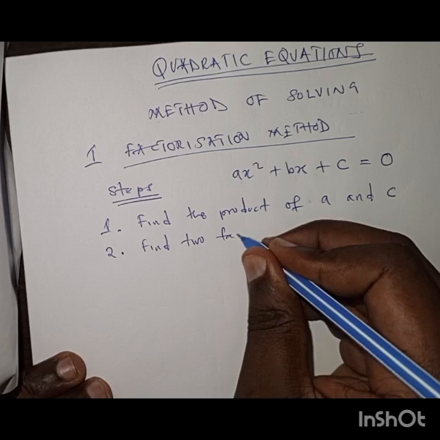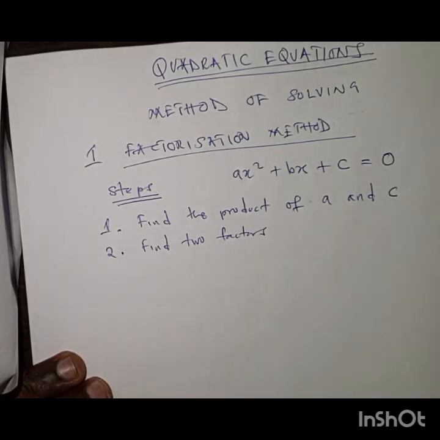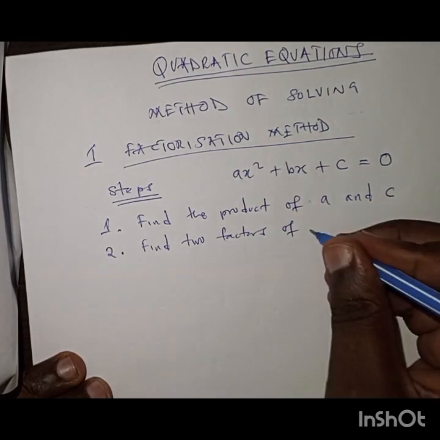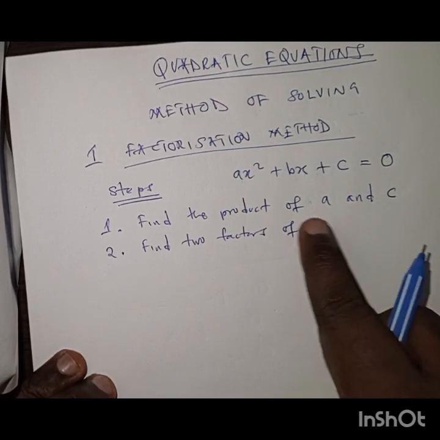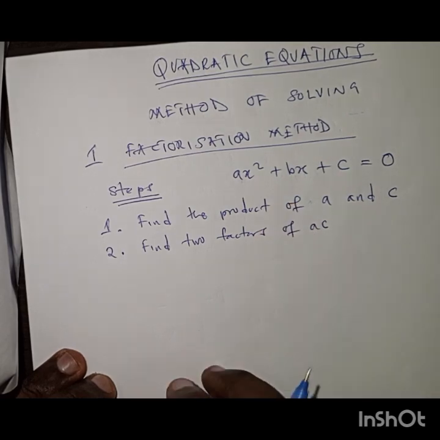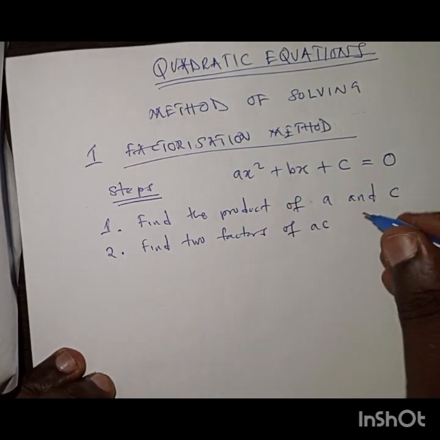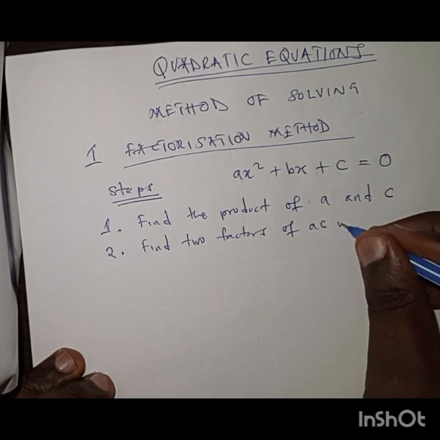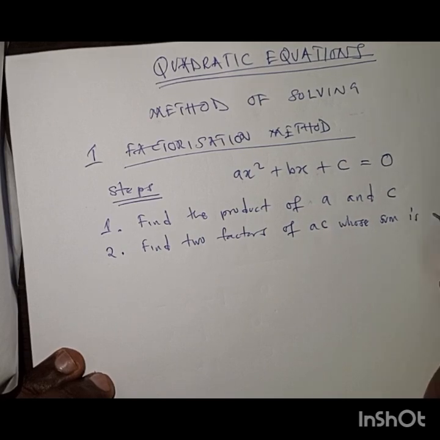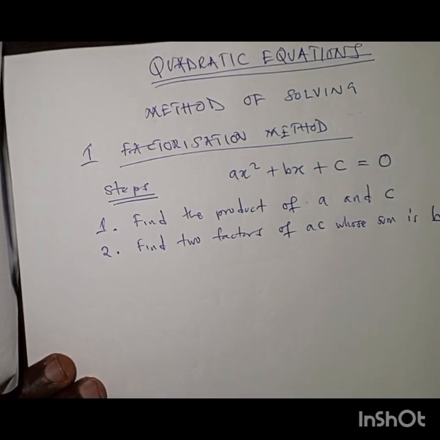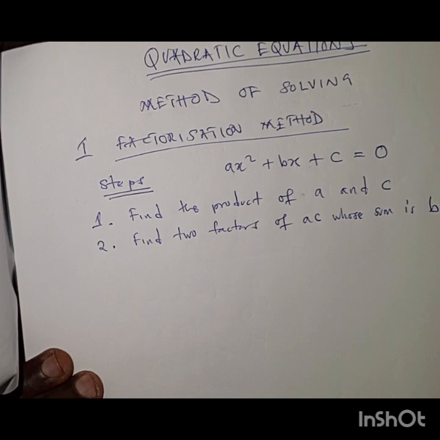AC is the product which you found in step 1. So find the two factors of AC whose sum is b. I will explain that point in terms of answering a question.